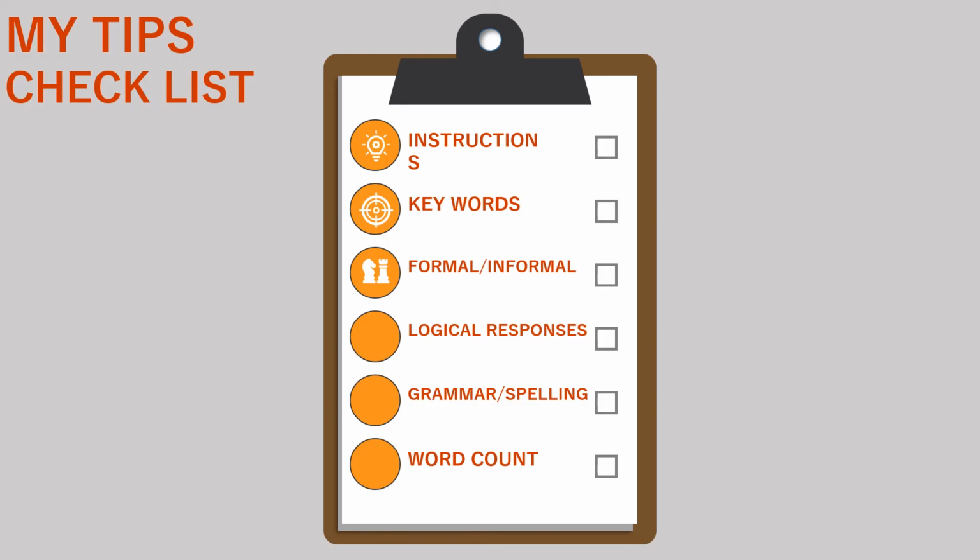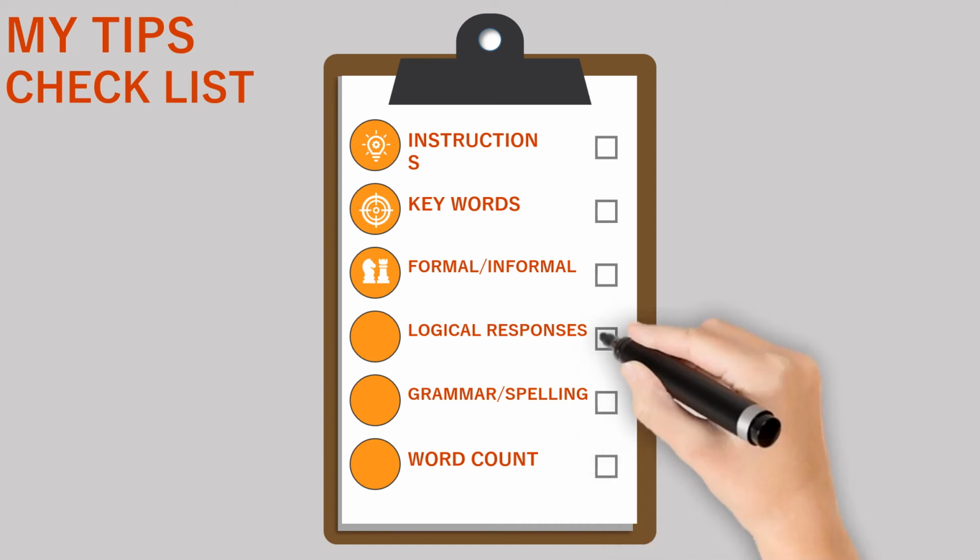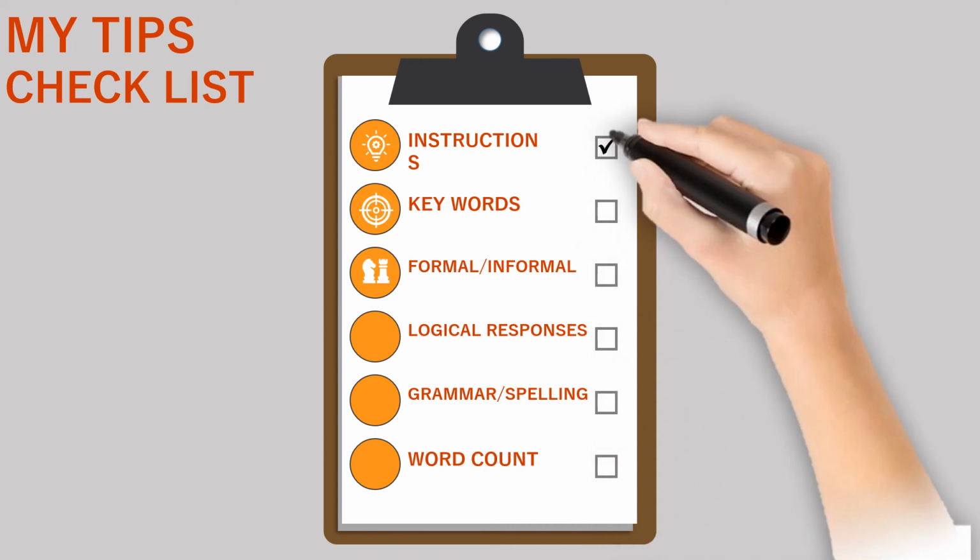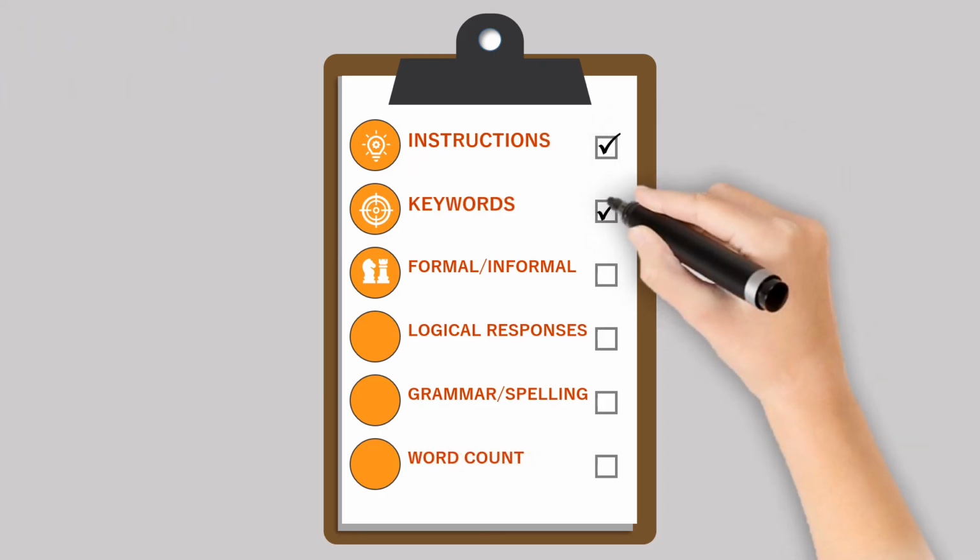My tips checklist now. The first thing you need to do is to read the instructions. Make sure that you read the instructions 3 times if necessary, because if you don't write what they ask you for, then you will not get a good grade. So instructions plus the cues. Underline the keywords so that you don't forget them.